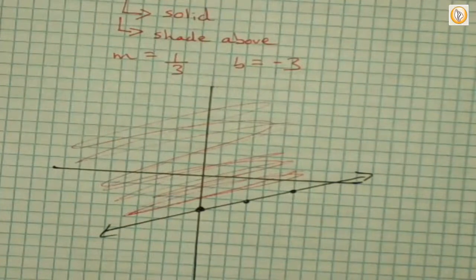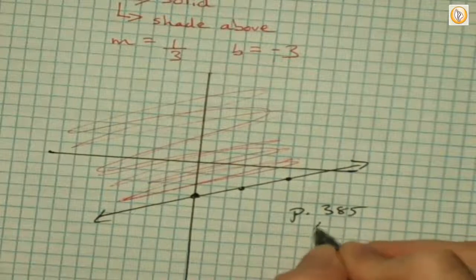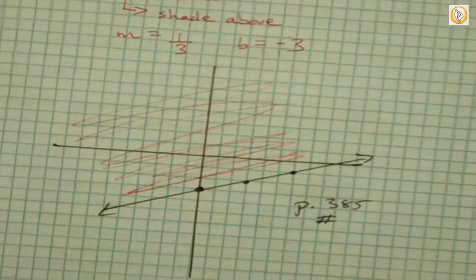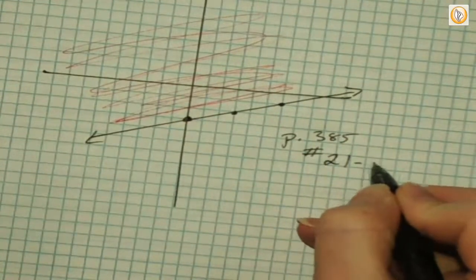Be very careful with this stuff. All right, you are going to do page 385, numbers 21 through 31 odd.